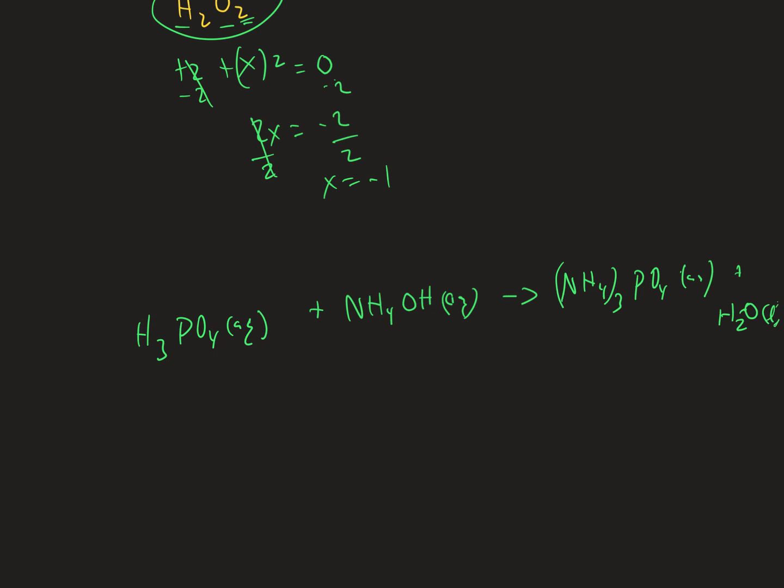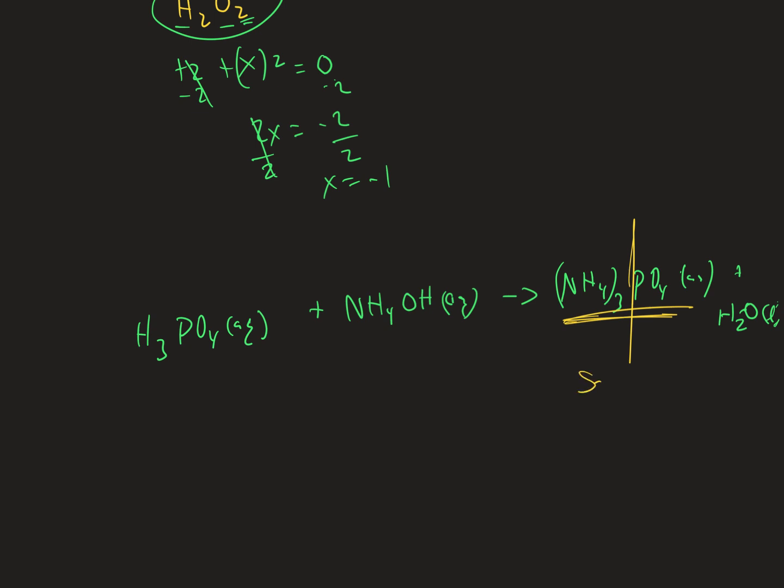Okay, there's a couple things in here that tell us what it is. What is this called, besides the name? Ionic or covalent? How do you know it's ionic? It's made of ions, 2 polyatomic ions. This is an ionic compound.